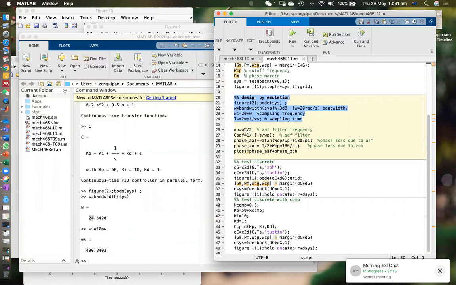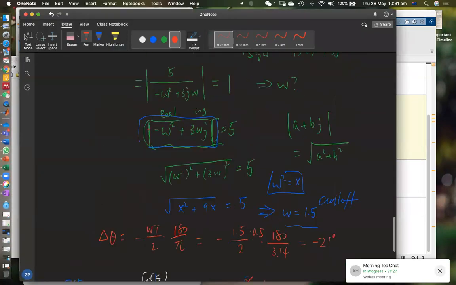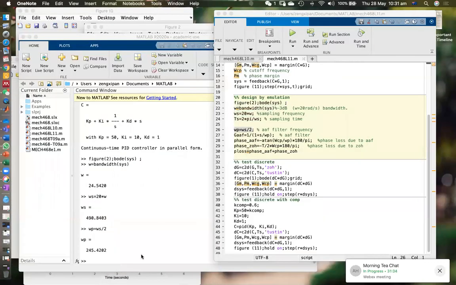Like we said, this needs to be half of the sampling frequency. So we got omega p, the filter frequency. Omega p is equal to 245. That's the anti-aliasing filter frequency.